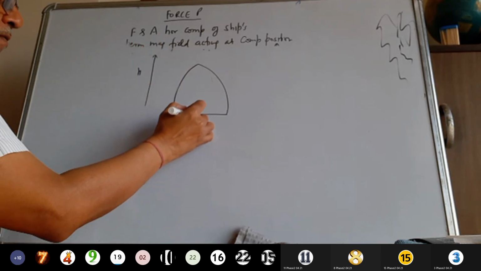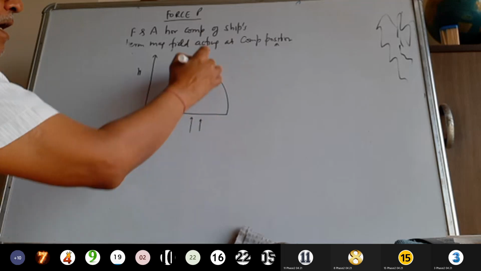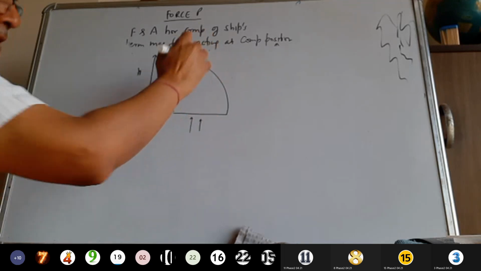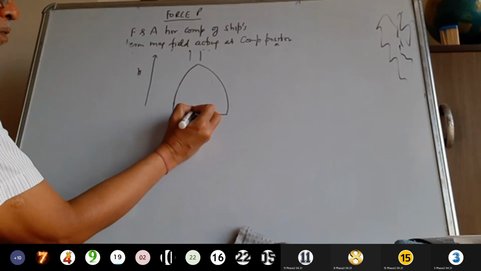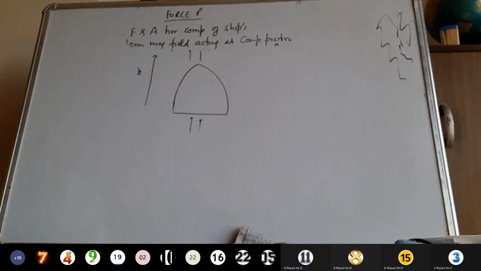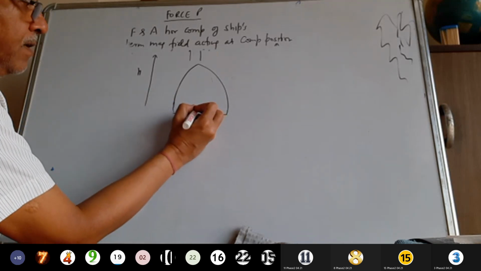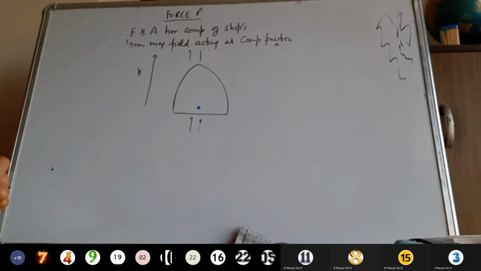So that means the inducing force is entering from this side and exiting from this side. That means this ship will have a blue pole towards aft. So this ship will have an induced blue pole towards aft and a red pole towards forward.